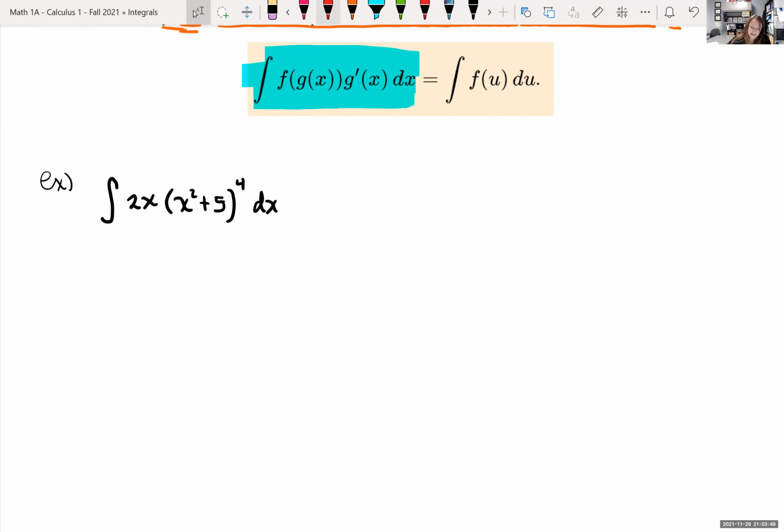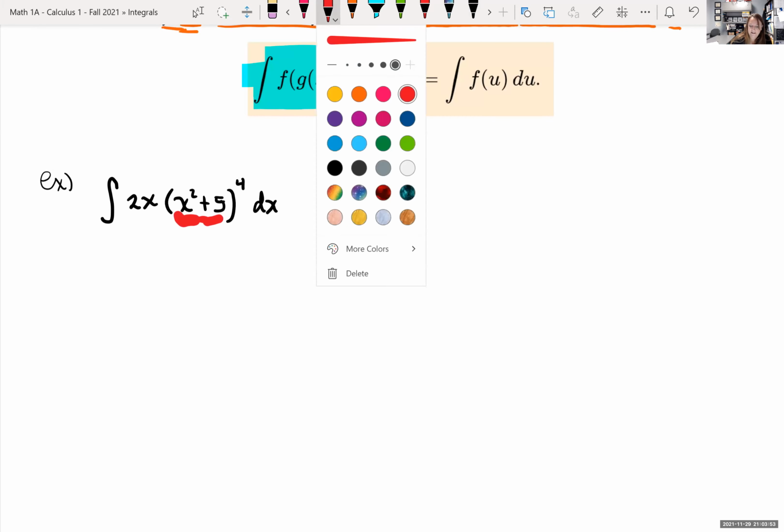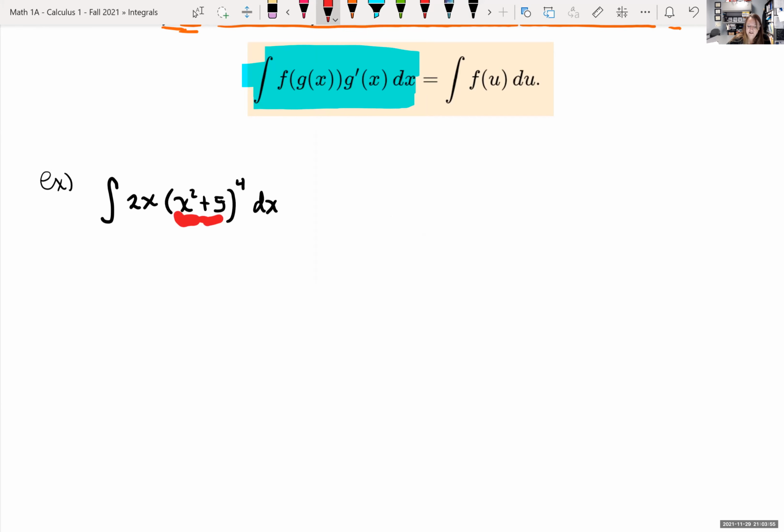Notice this inner piece right here, this x squared plus 5. So let u equal x squared plus 5. If we take the derivative of u, that's 1 du equals the derivative of x squared plus 5, which is 2x dx.